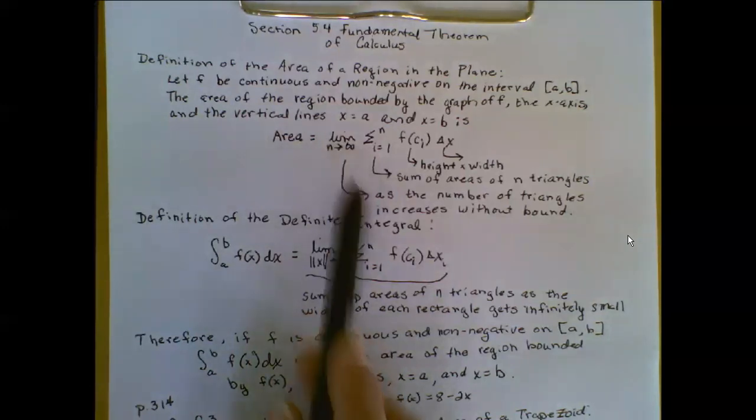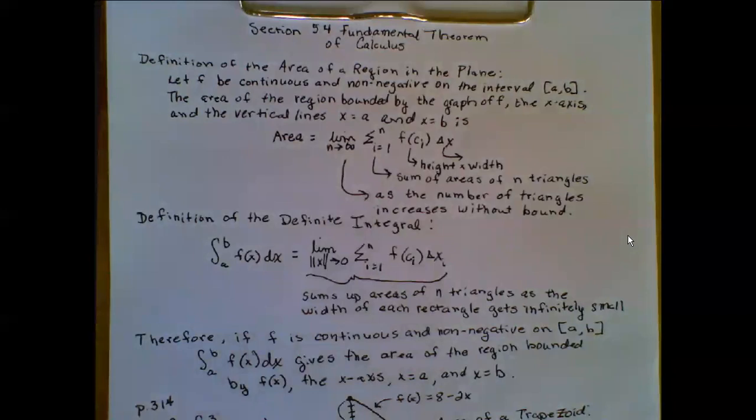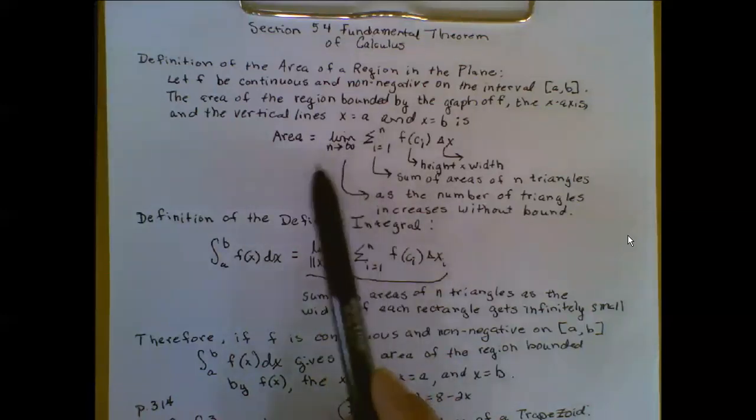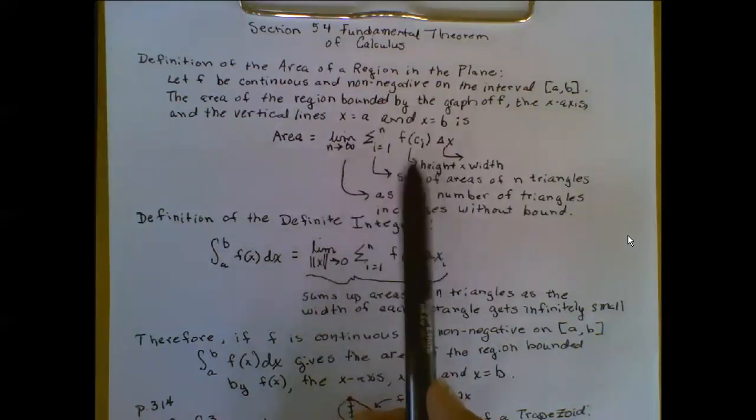If the number of rectangles in a finite region goes to infinitely many, then each rectangle's width has to be getting smaller and smaller.